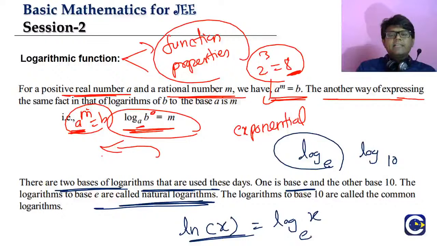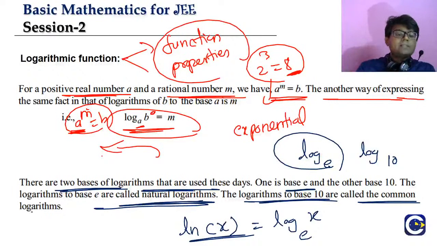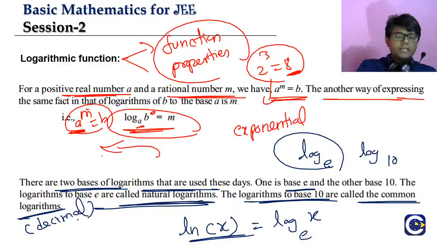Log of that number x to the base E. That is what it is telling us. Okay, this is one. And the other one is where we have the base as what? 10. So the logarithms with base 10, we will call them common logarithms or decimal logarithms. Logarithms with base 10, what do we call them? Common logarithms or decimal logarithms.